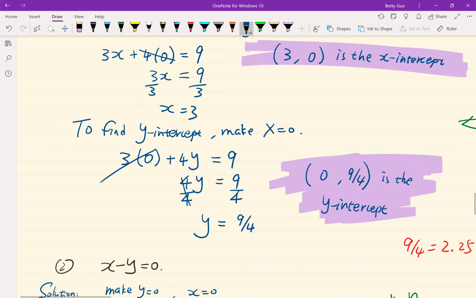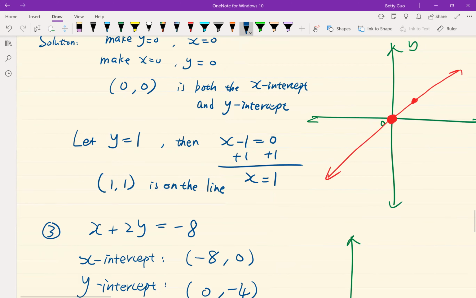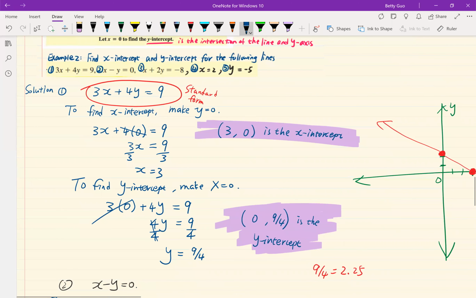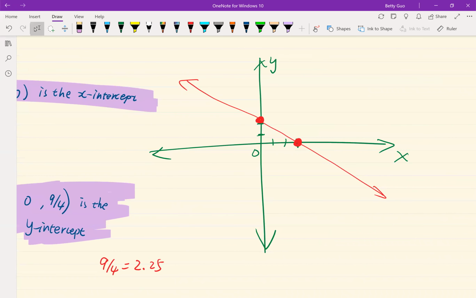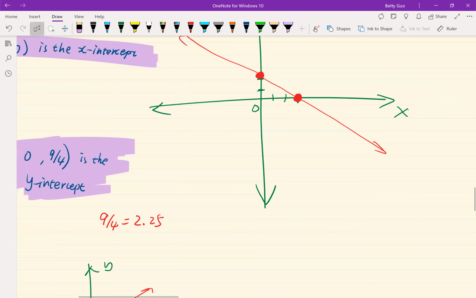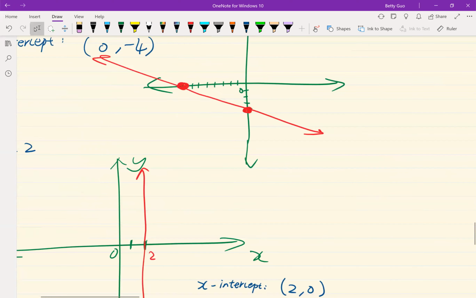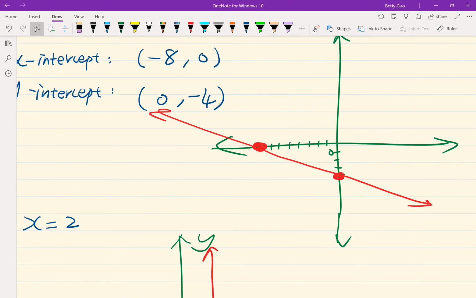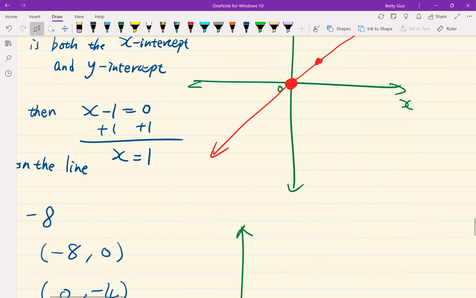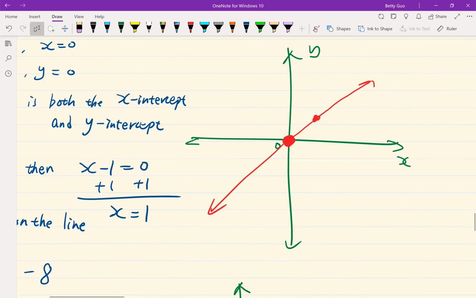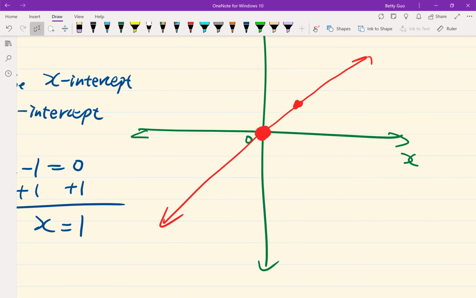All right? So in this example, we see the x-intercept and the y-intercept for a slant straight line, going down, slant or oblique. And this one is also a slant straight line. We also see the intercepts for a straight line that passes through the origin.